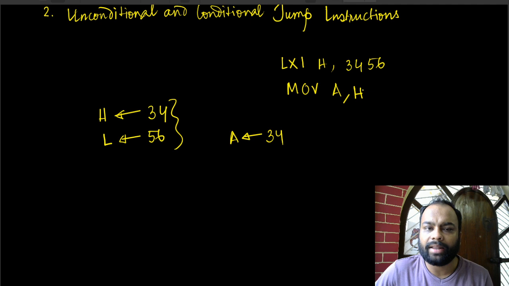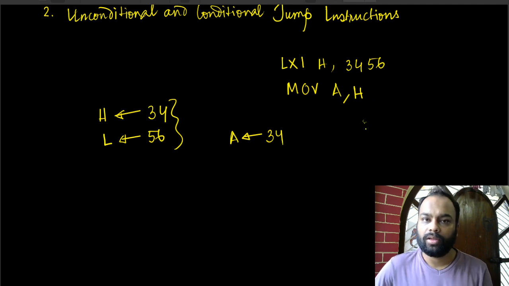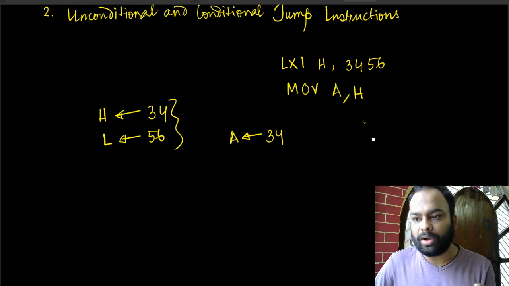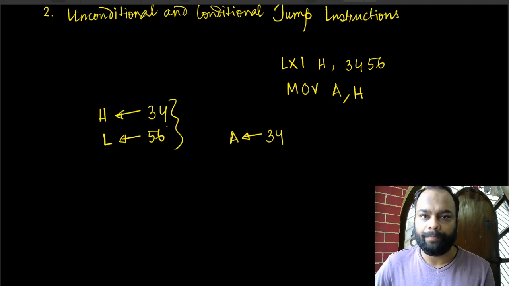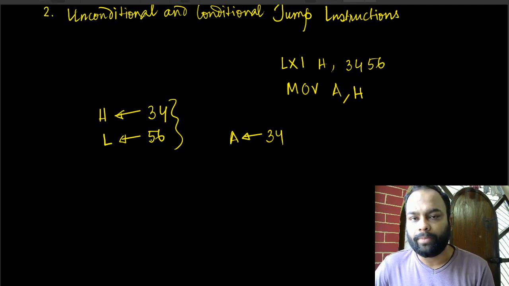The content of the H register will be copied over, and the content of H is of course 34. So it does not solve our objective from the earlier class. Our objective was to store the data in a separate memory block, so that we can just change the data and won't have to change the program itself to execute it on a different set of numbers.